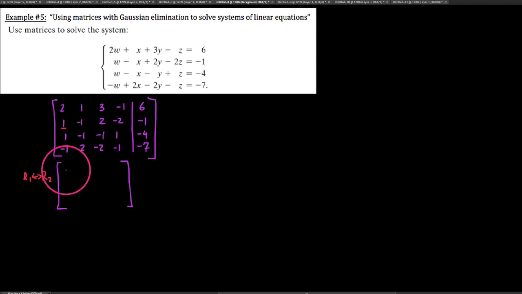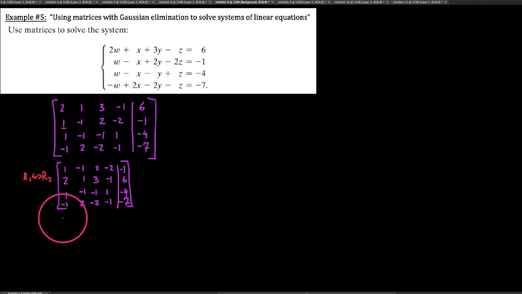That makes our row 1 now 1, -1, 2, -2, and our constant here is -1. Our second row becomes what our first row was, which was 2, 1, 3, -1, and a 6. Our second two rows did not change, so we still have those entries: -1, 2, -2, -1, and -7. So here's our new matrix.